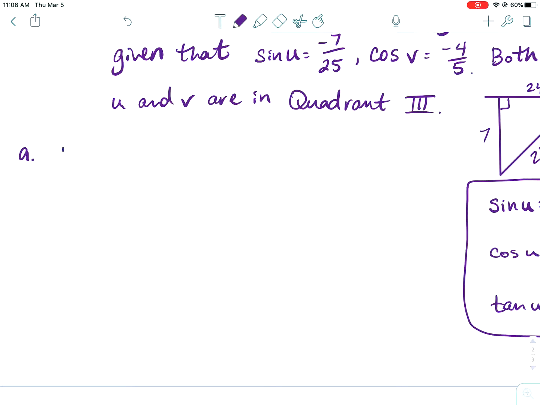All right, so the first one that we're going to find, A, is the cosine of u plus v. So we would just go straight to our identity sheet, write down the formula for cosine of u plus v.